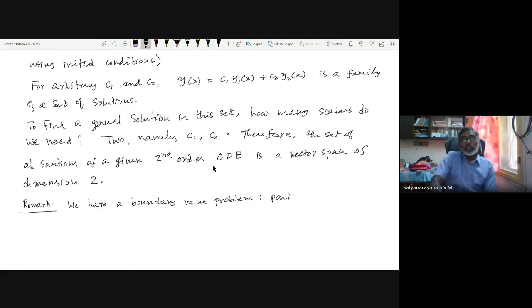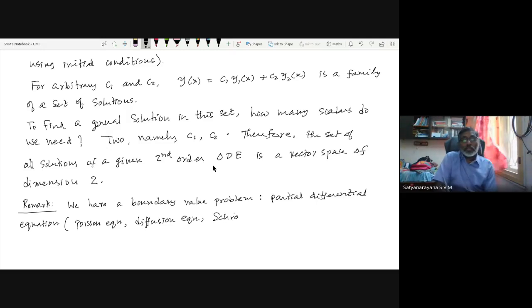Essentially a partial differential equation, like the Poisson equation or diffusion equation or Schrodinger equation, with a given boundary condition.